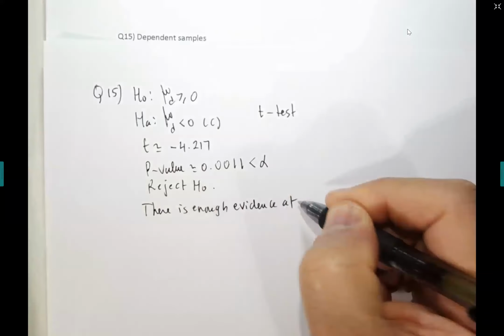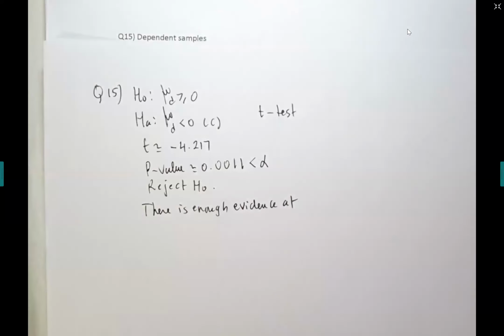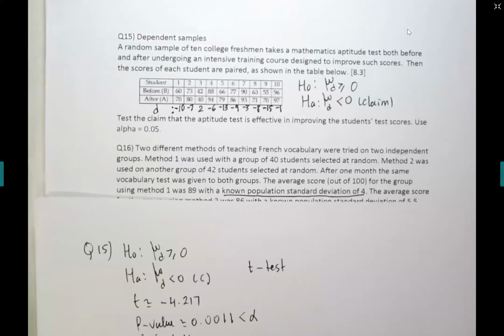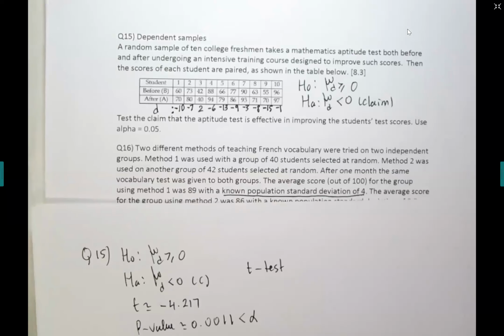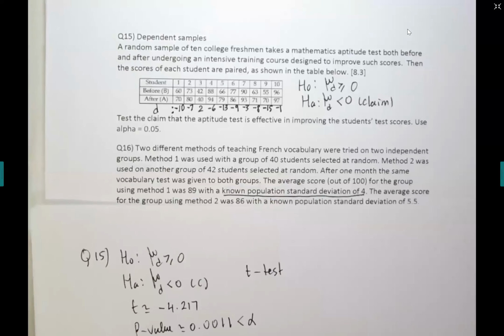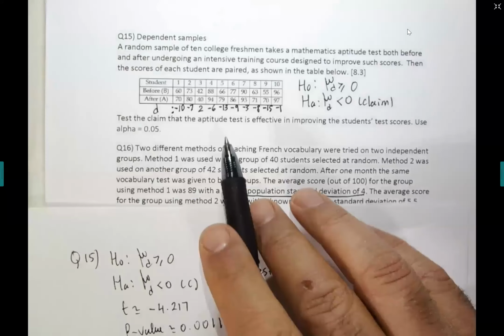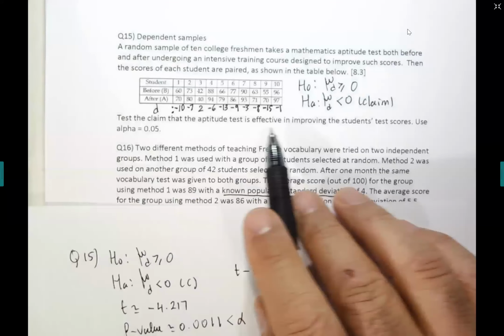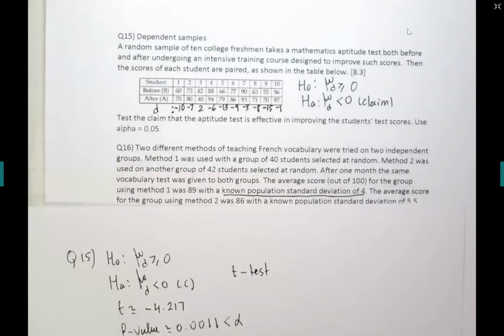There is enough evidence, let's pick alpha now, at the 0.05 level of significance to support the claim that the aptitude test is effective in improving the student test scores. Just copy it and paste it.